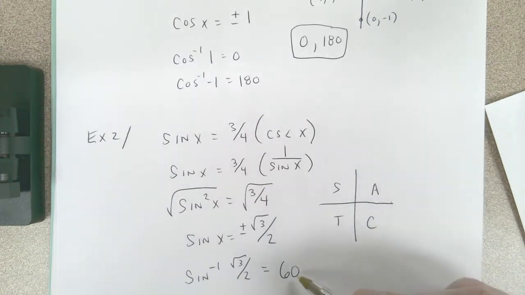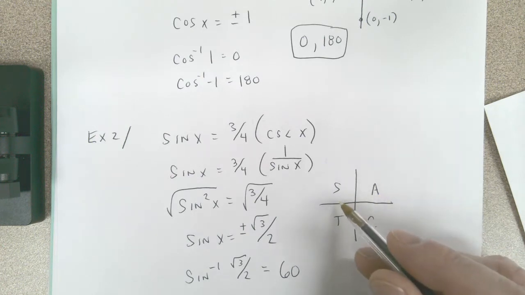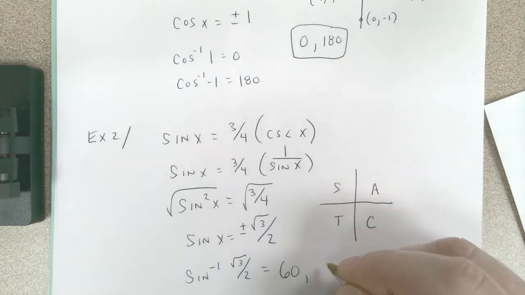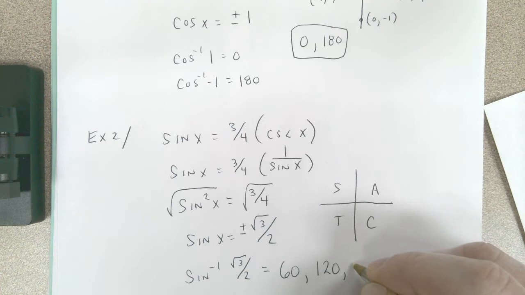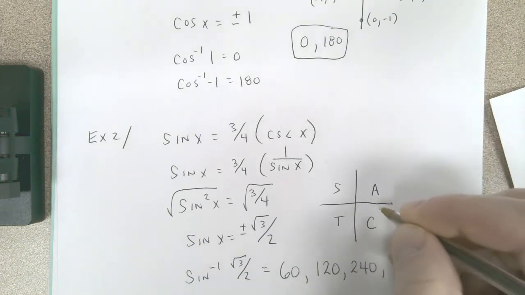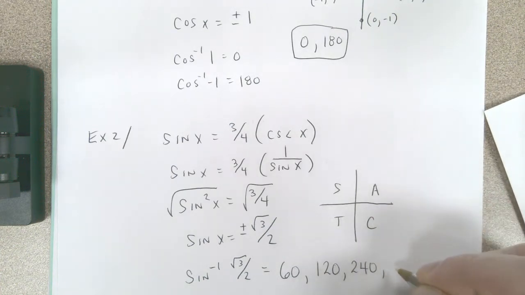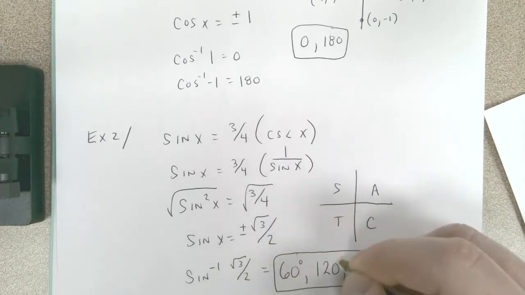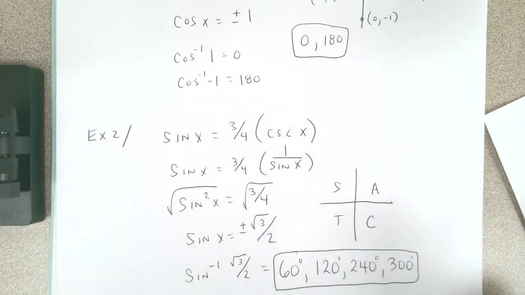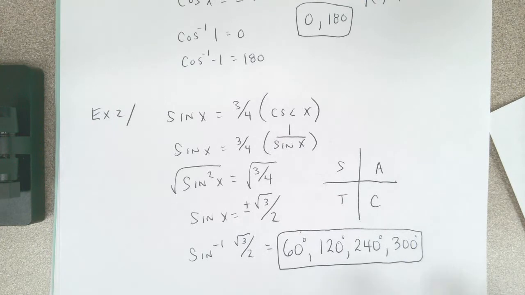So we're going to be at 60 in the first quadrant, 180 minus 60 in the second quadrant, which is 120, 180 plus 60 in the third quadrant, which is 240, and in the fourth quadrant, 360 minus 60, which is 300. So for this one, 4 answers: 60 degrees, 120 degrees, 240 degrees, and 300 degrees.